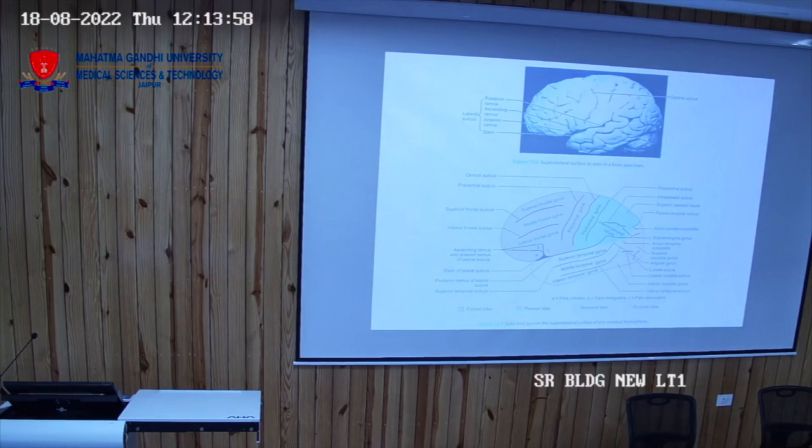On the inferior surface of the cerebral hemisphere, the stem of the lateral sulcus is present, and this stem of the lateral sulcus comes onto the superolateral surface. As it comes onto the superolateral surface, it divides, giving the rami: A, anterior ramus, this one, B, ascending ramus, and C, this one, the posterior ramus of the lateral sulcus.